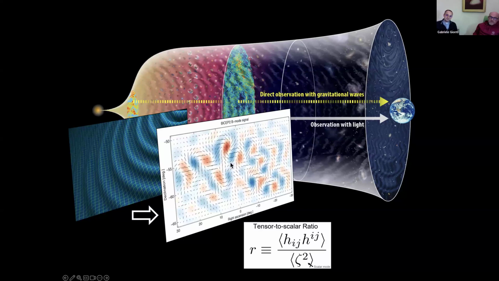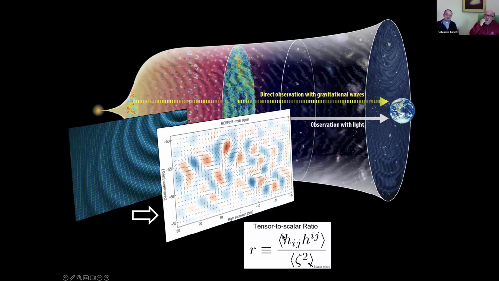So looking at the CMB with the current experiments that we have and with future experiments, we are able to put constraints on the primordial gravitational wave background produced very, very close to the initial singularity. So it's a way to probe gravitational waves by looking at the CMB, because there is this effect on the CMB. The amplitude of this effect is described by this parameter r, which is called the tensor-to-scalar ratio.